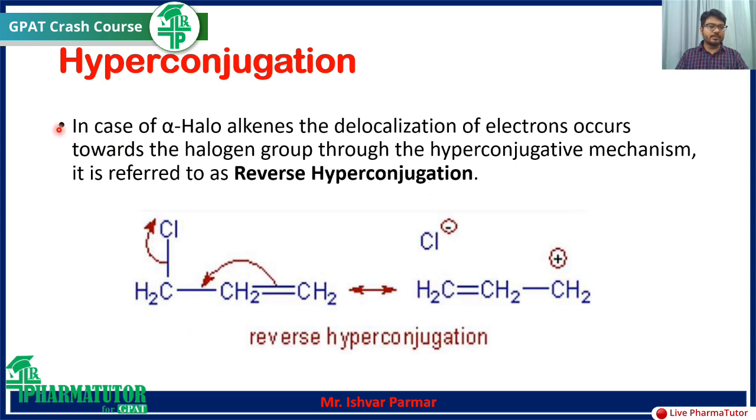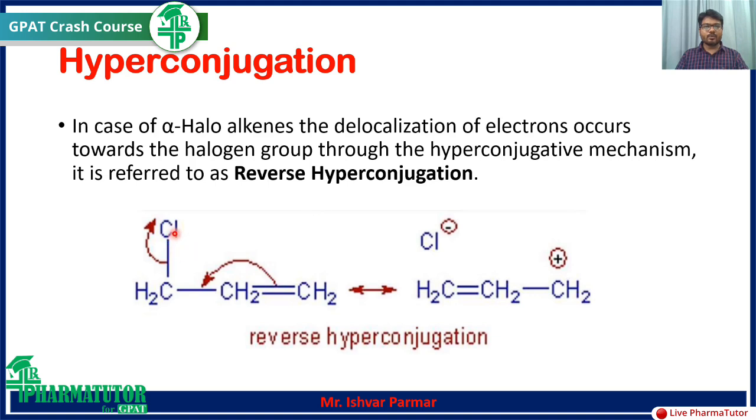Now also remember reverse hyperconjugation. What is reverse hyperconjugation? In the case of alpha haloalkenes, the delocalization of electrons occurs towards the halogen group through the hyperconjugative mechanism. It is referred to as reverse hyperconjugation.